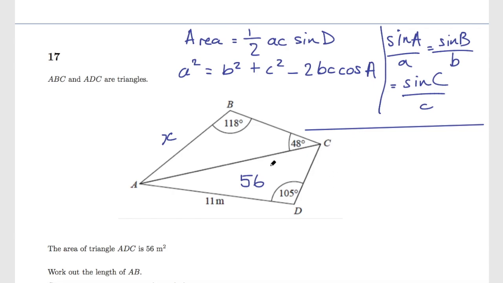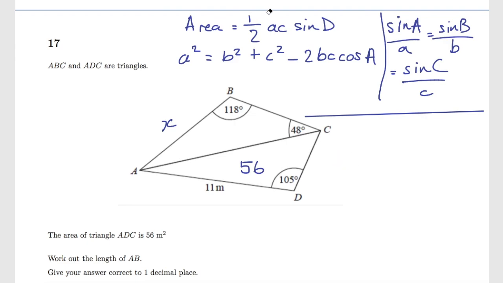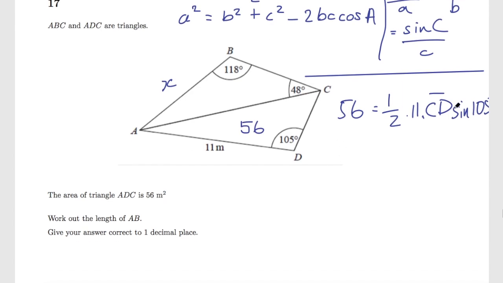So the first side we can find using the sine rule for the area of a triangle is CD. We can say that the area, 56, equals a half times 11 for this side, multiplied by the unknown side, CD, times the sine of the angle in between those, sine of 105. So then we can rearrange this formula to find CD.